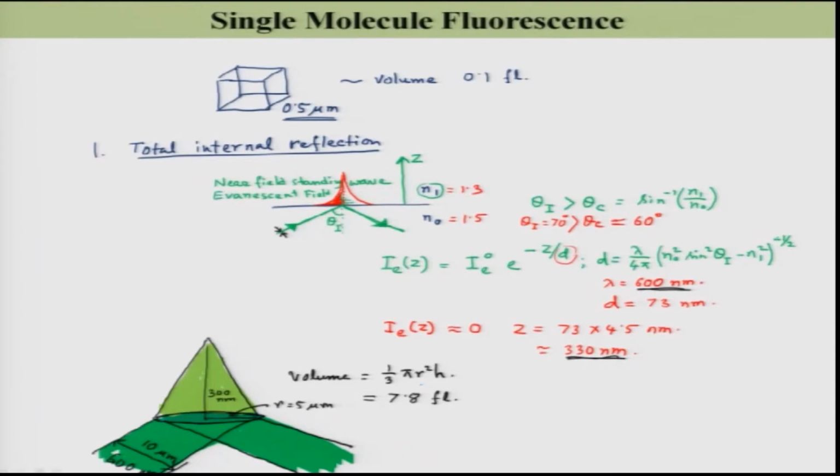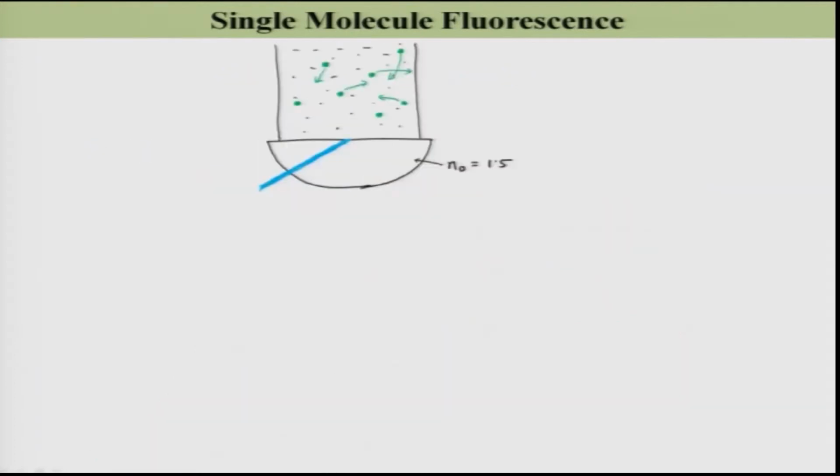You want a very tightly collimated beam, and that is going to be reflected this way. If my drawing is okay, it will be like this. Here is your incoming beam, here is your outgoing beam after total internal reflection.